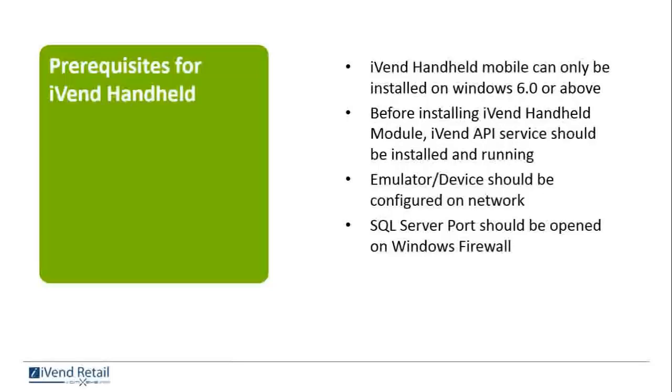If I have, let's say, 10 stores and each store has 2, you can calculate accordingly. So it is device-wise licensing. If I talk about the licensing component, iVend Handheld has a device-wise licensing policy.